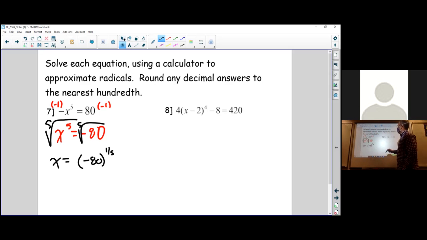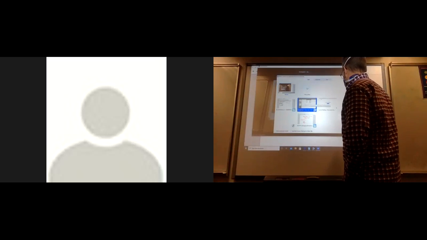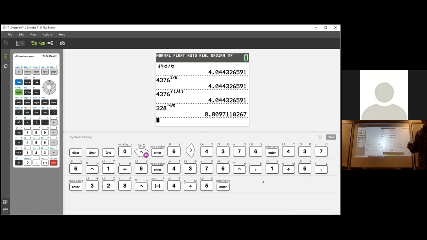So let's go to our calculator. And for the folks that are watching this at home, I'll stop this. I'll share this. Negative 80 to the, okay. Now, if you don't want to get yourself in trouble, if you're doing roots with negatives, it might be a good idea to put the negatives in parentheses.